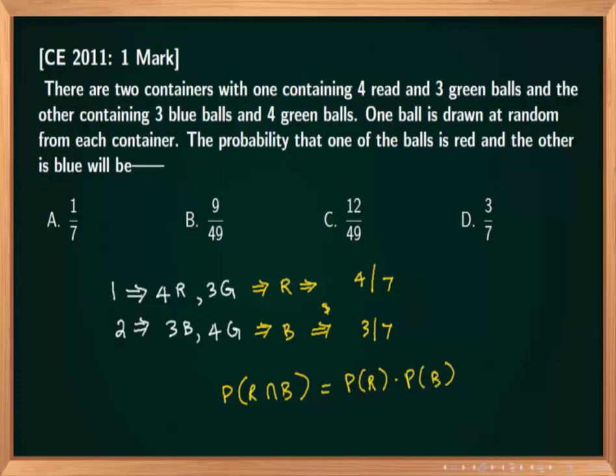Now I know how much is P of R. I got it here. It is 4 by 7. So 4 by 7 into, I know how much is P of B, which is 3 by 7. So 4 by 7 into 3 by 7, which is 12. Right. I am multiplying it, 4 by 7 into 3 by 7. So this is 12 divided by 49. So my answer will be 12 by 49, which is option C.